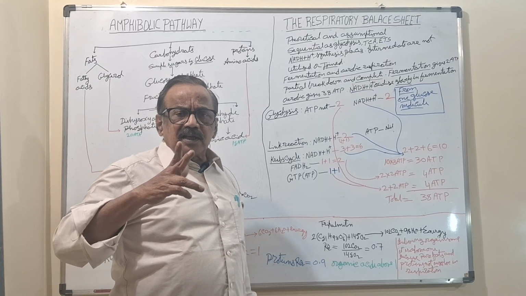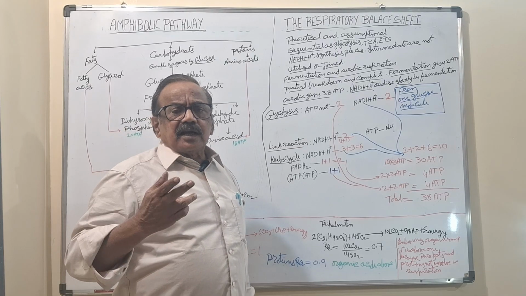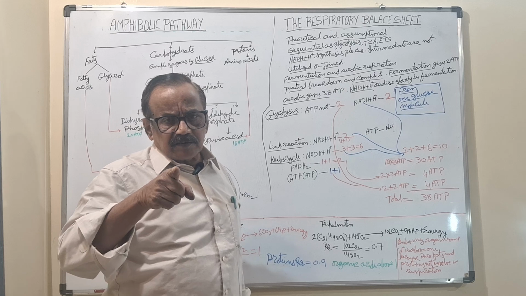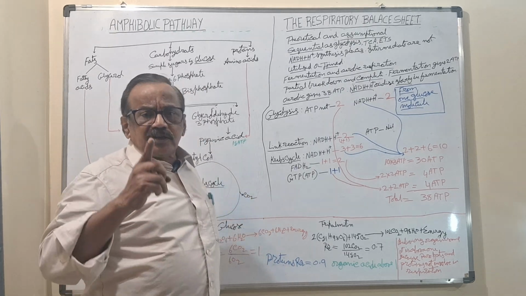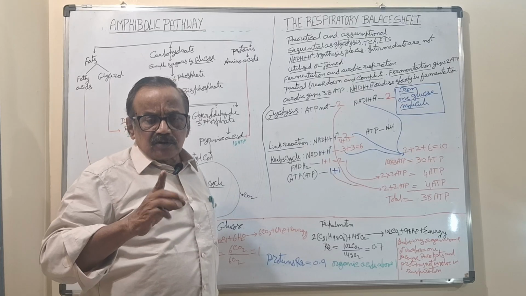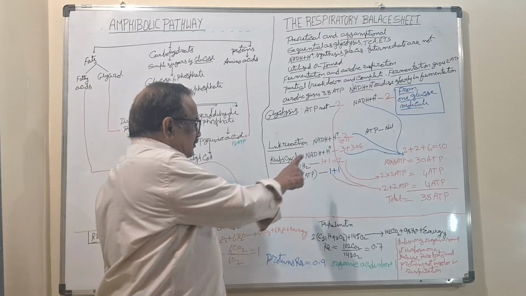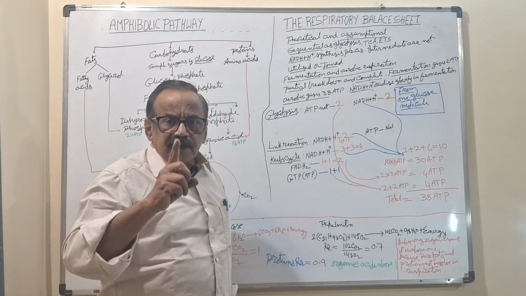And when malic acid is converted into oxaloacetic acid, one more NADH + H+ will be produced. So in the Krebs cycle, 3 NADH + H+ will be produced from one pyruvic acid.